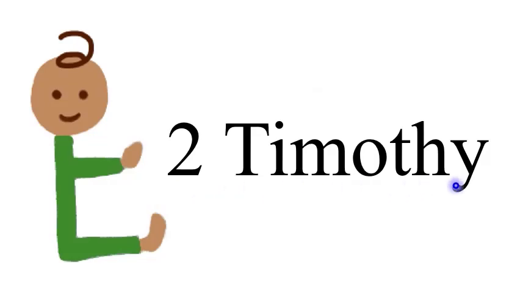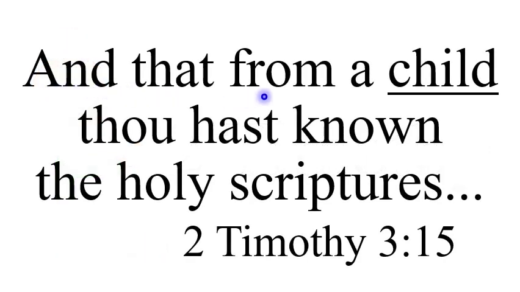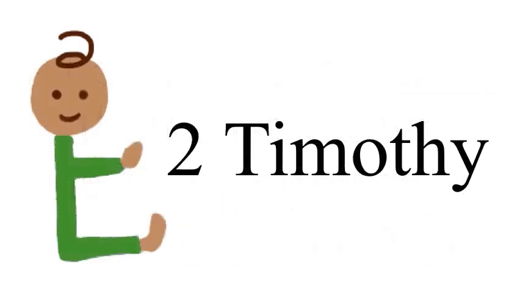The icon for 2 Timothy is a toddler because the Bible says, "And that from a child thou hast known the Holy Scriptures." 2 Timothy 3:15. Since the icon for 1 Timothy is a baby, the icon for 2 Timothy is the baby growing up to be a toddler.